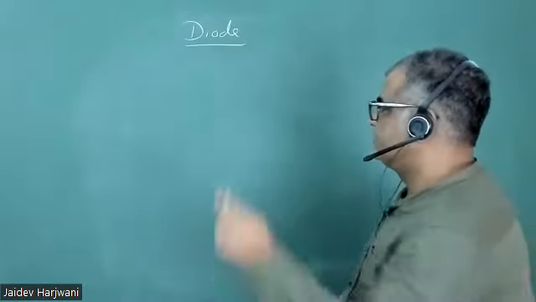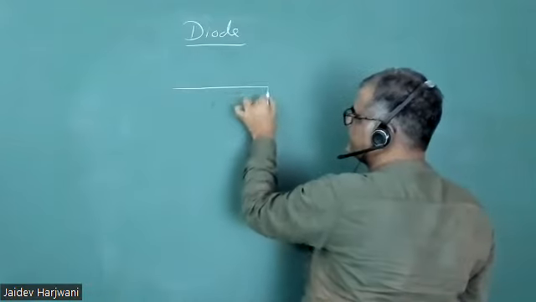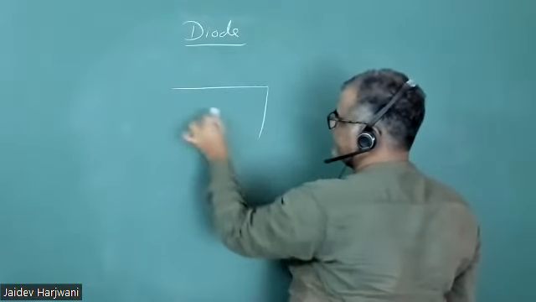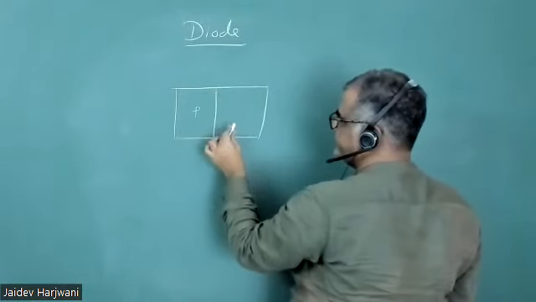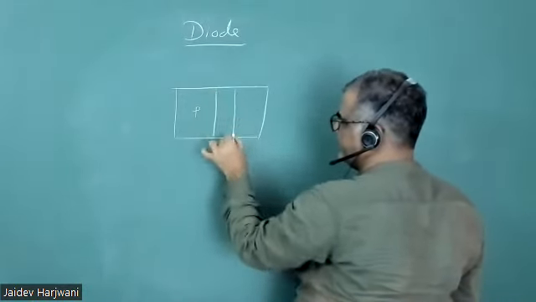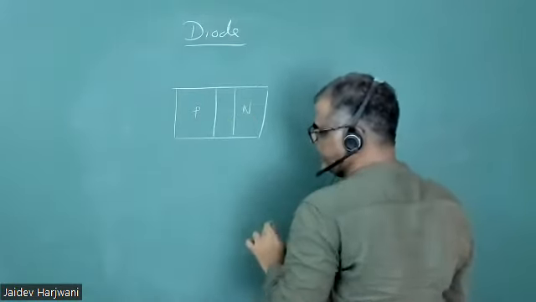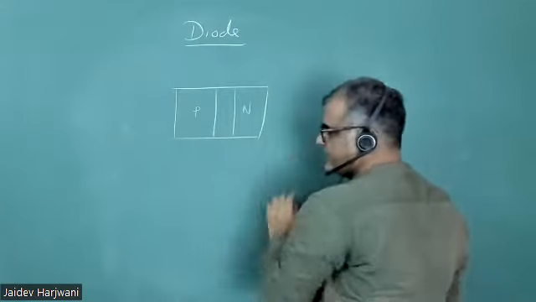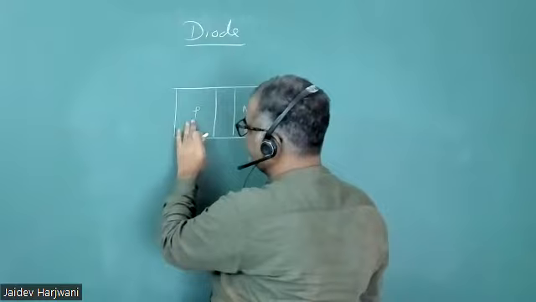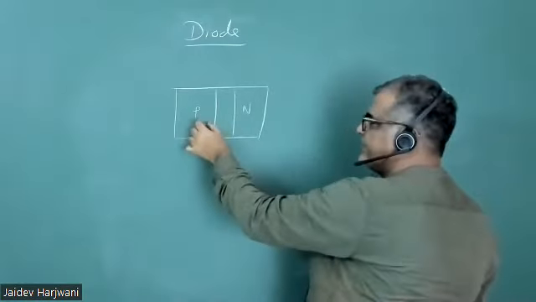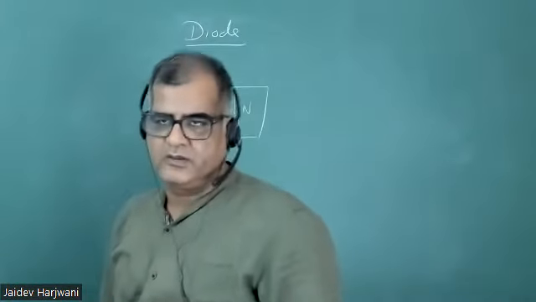So a diode is basically a PN junction. You have a P part and you have an N part. Before I explain what is a PN junction, this is basically when you bring a P type and N type in physical contact.